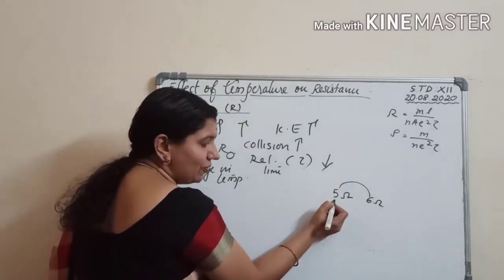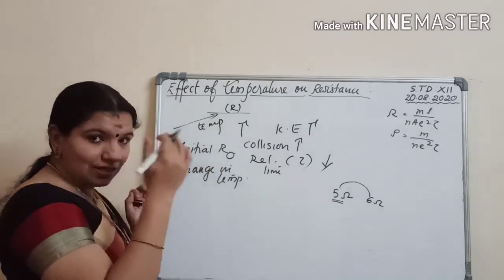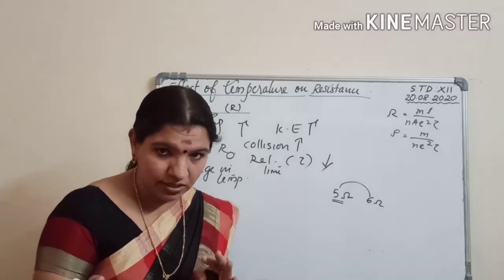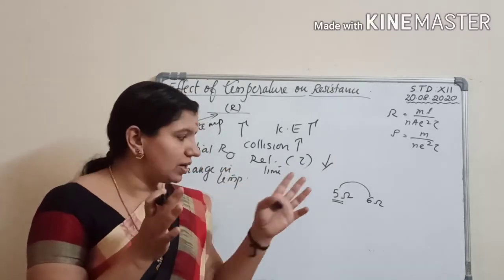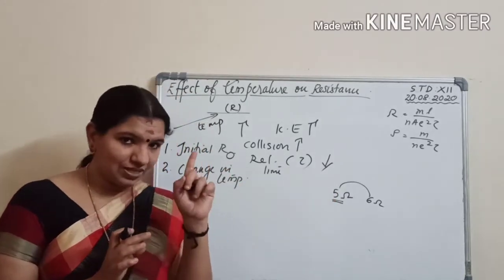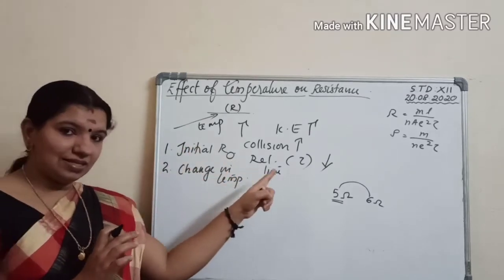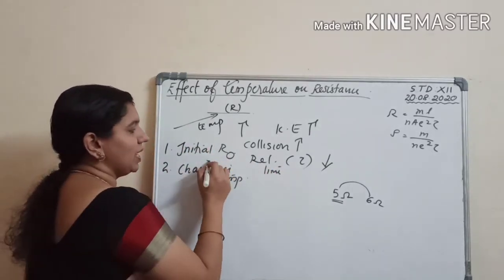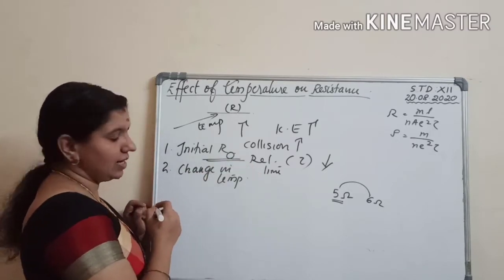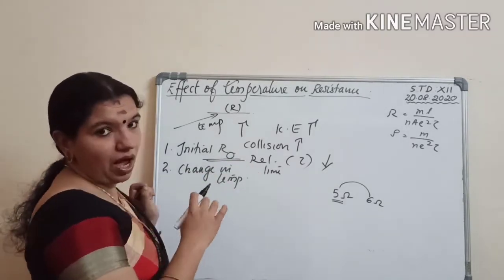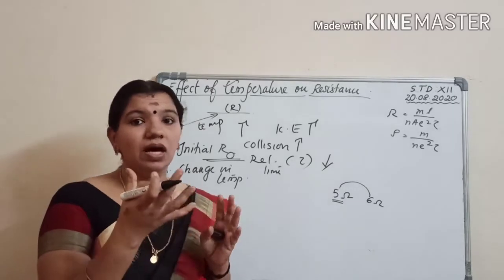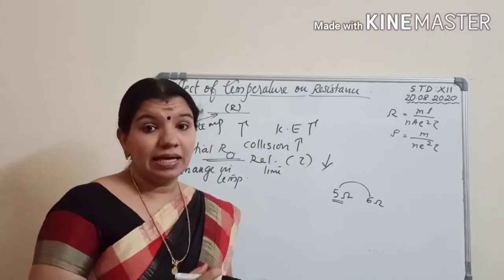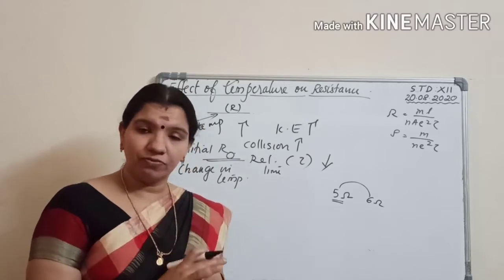So if I know the first resistance, I can say clearly whether it is increasing or decreasing by a particular unit, isn't it? So actually it is depending upon the initial resistance. That is the first thing. Let the initial resistance be R0. Now the change in temperature: how much change has happened in the temperature, and with respect to that change, how much resistance is increased or decreased, that also we can find.